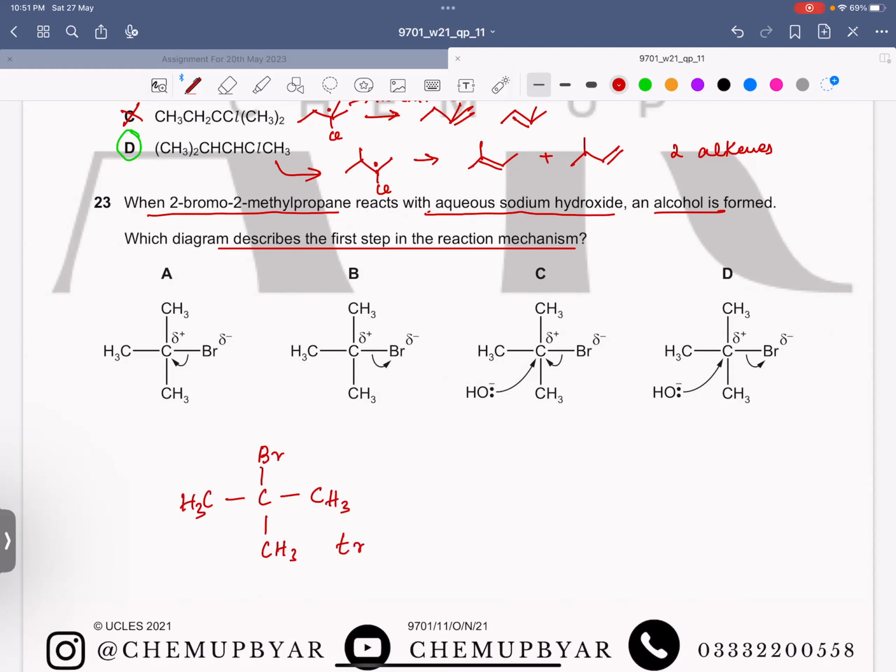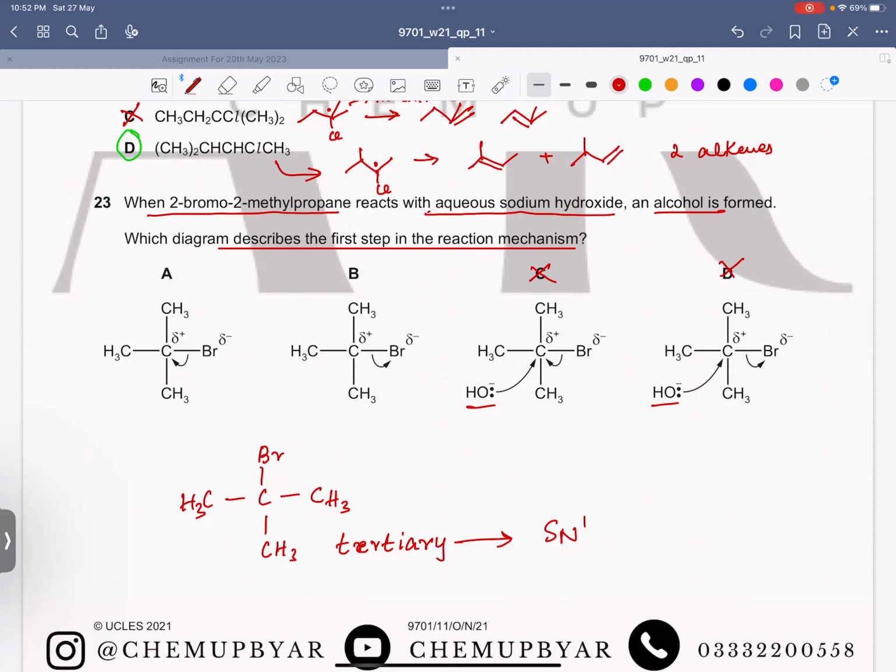So if you look at this structure, you will easily find that it's a tertiary one. And if you remember, tertiary undergoes the SN1 mechanism where the carbocation is formed initially. And when the carbocation is formed, then the nucleophile will attack, right? So it makes C and D wrong because the nucleophile is attacking initially. The nucleophile will not attack until the tertiary carbocation forms.